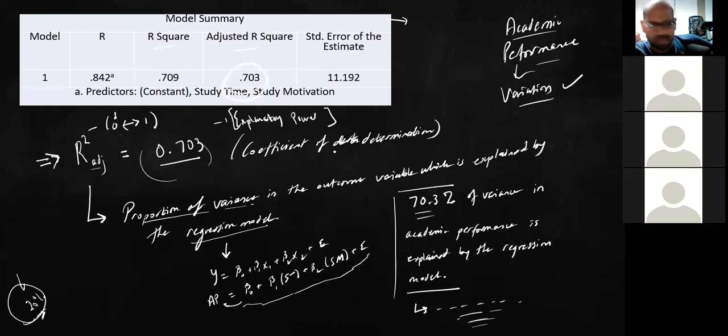Having said that, it might be you test a model, and a similar model previously explained around 60%, 70% variance, and you find your model explaining only 30% variance. What does it mean? Does it mean that your research is bad?